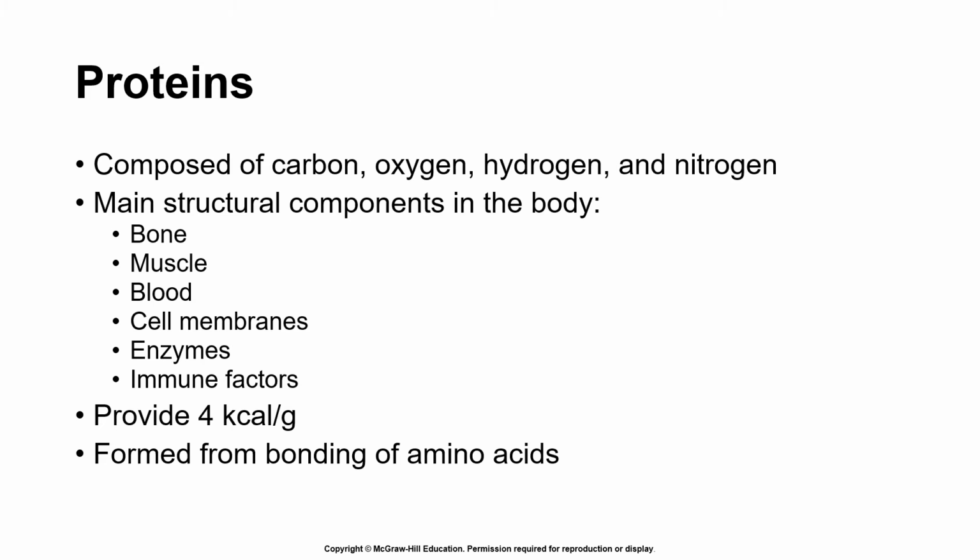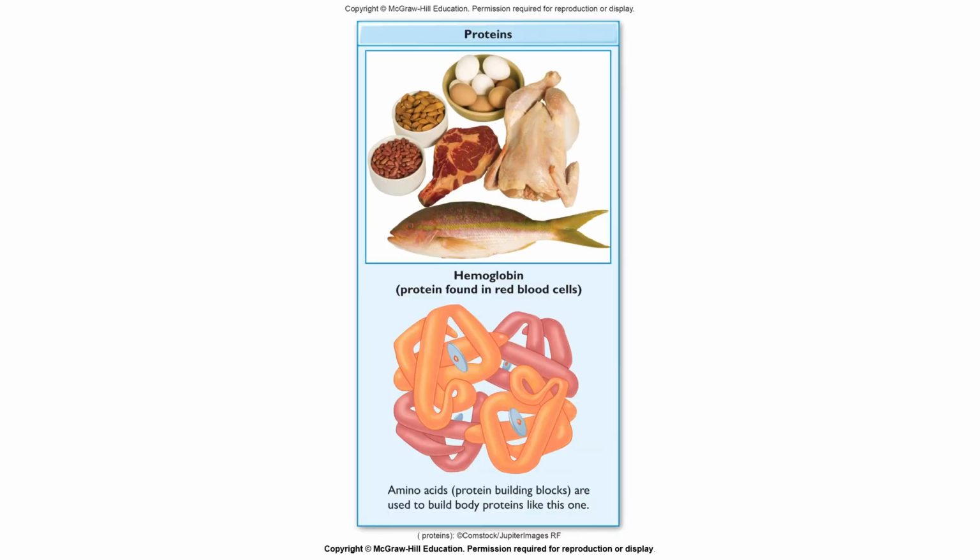And the building block of proteins is amino acids. So here we see protein-rich foods, and an example of a protein that my body and your body built from the amino acids that came to us from these foods.